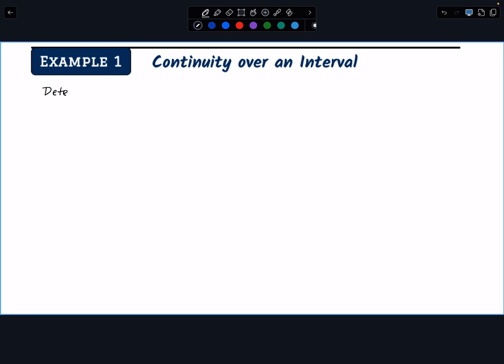Determine where each function is continuous. Probably give it a name.